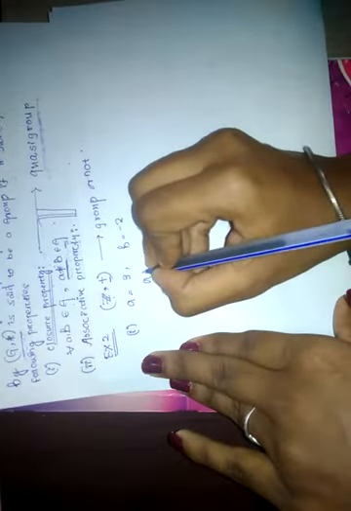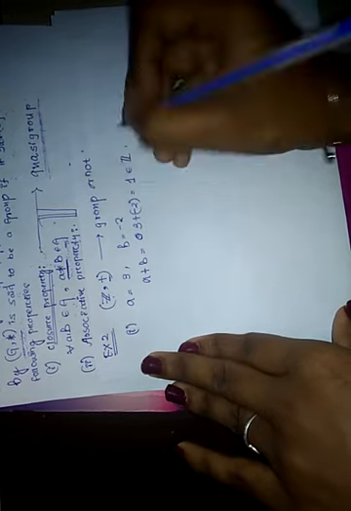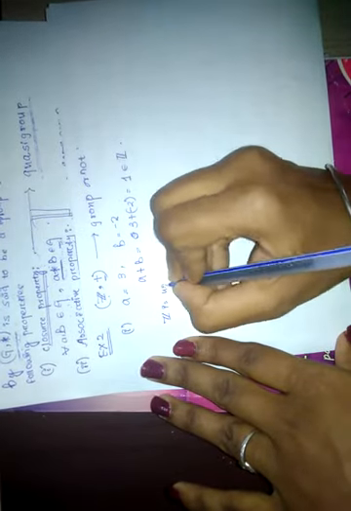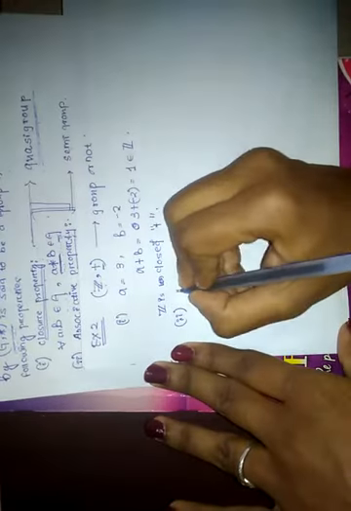So a plus b is equal to 3 plus minus 2, which is equal to 1, which belongs to the set of integers. So we can verify by taking some more elements. So this Z is closed under addition.